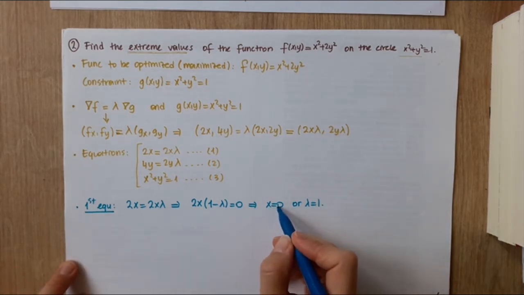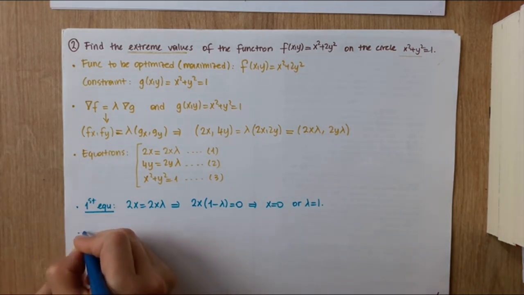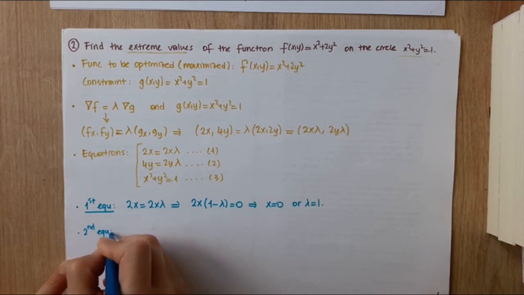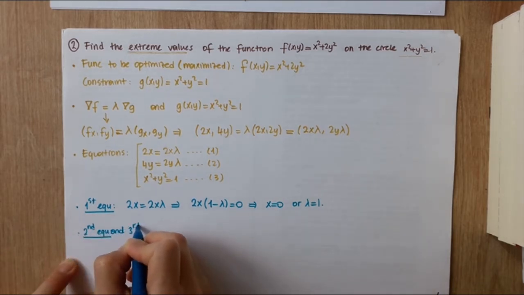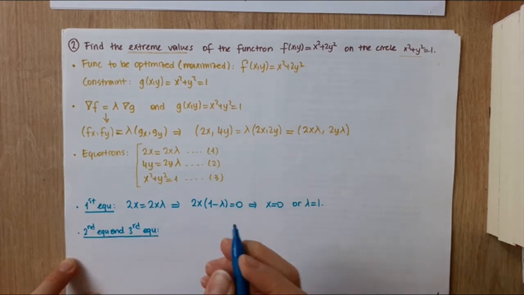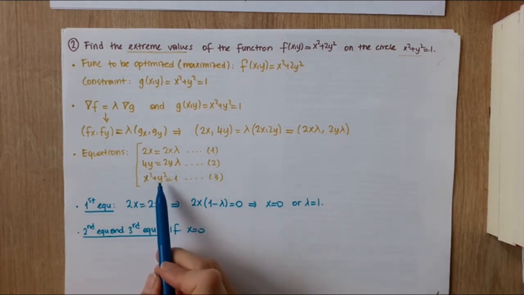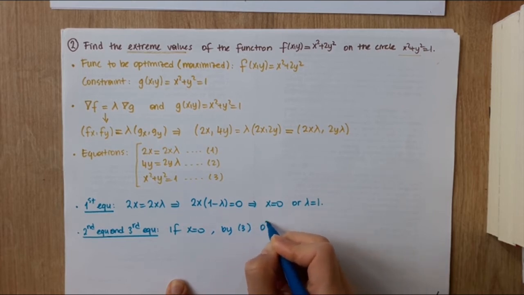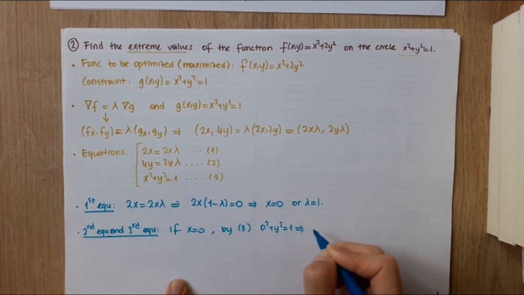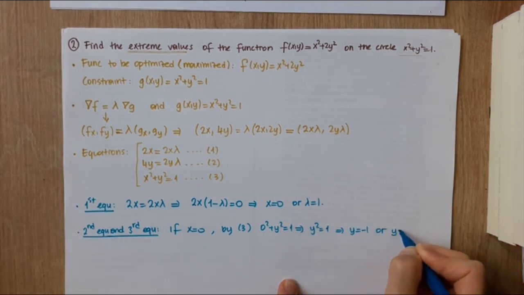I will start with x is 0 and analyze the second and third equations. If x equals 0, I can find y using the third equation. 0 squared plus y squared is 1, so y squared is 1, which means y is minus 1 or y is 1.